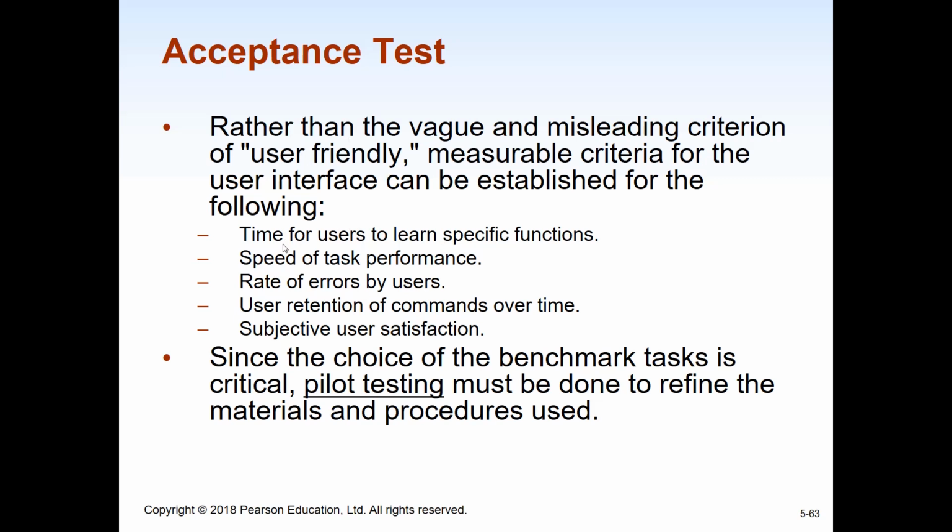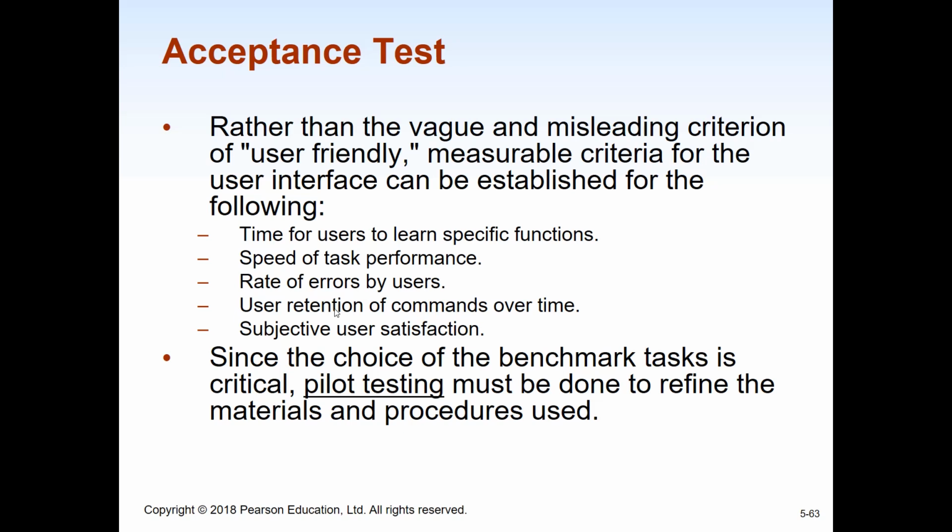We need to measure the time for users to learn specific functions, speed of task performance, rate of errors by users, user retention of commands over time. If we ask them after 5 minutes or 1 day to do the same function or the same task, will the user remember how to do it?